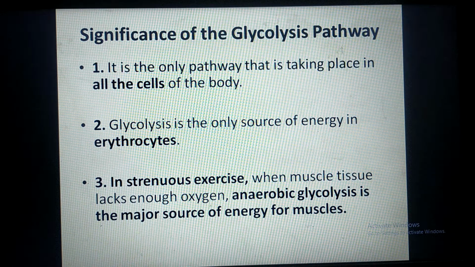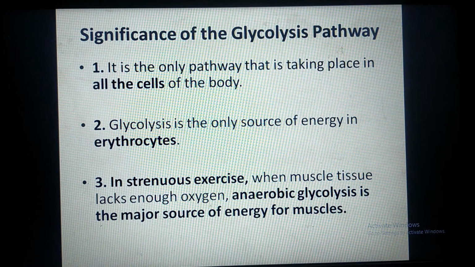Second, it is the pathway which provides energy for erythrocytes. All of us know that erythrocytes lack mitochondria, endoplasmic reticulum and Golgi apparatus. They have just cytoplasm, so glycolysis is the only pathway that occurs in RBCs.